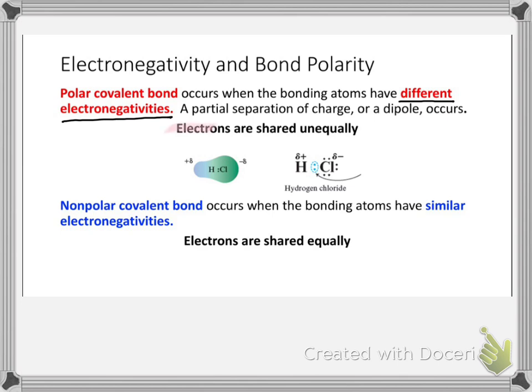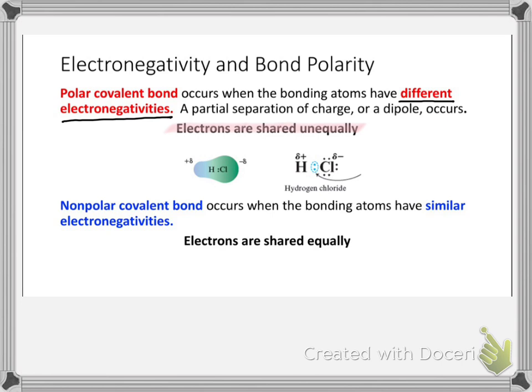In polar covalent bonds, the electrons are shared unequally. That's because there's electrons between atoms, but they have different attractions. So the one that has a greater attraction will draw that electron cloud involved in the bonding toward itself, leaving the other with a deficit of the electron cloud.